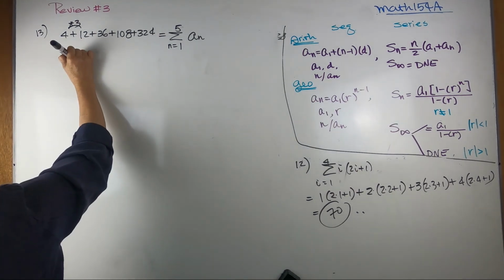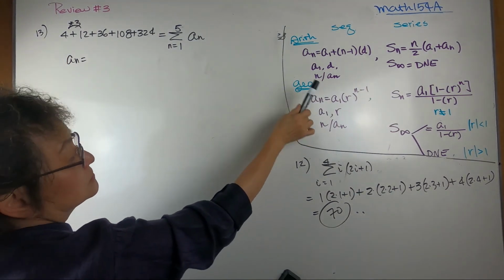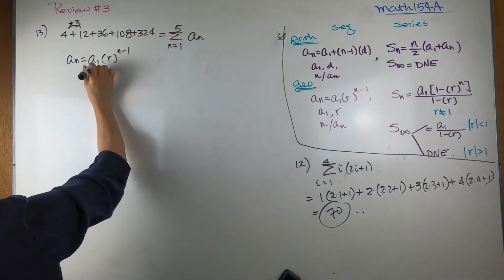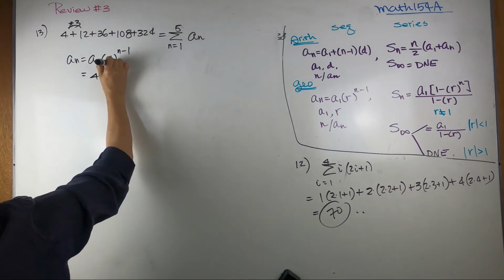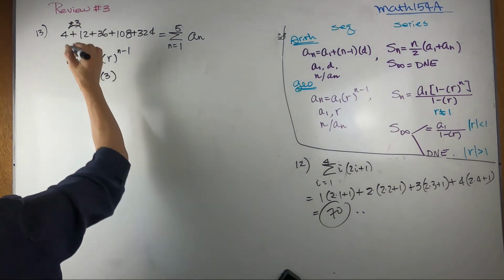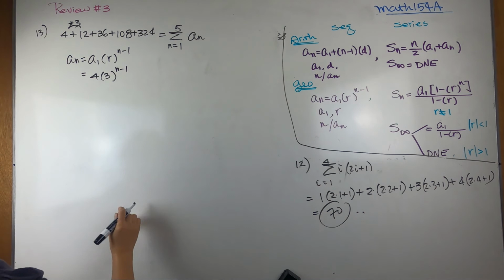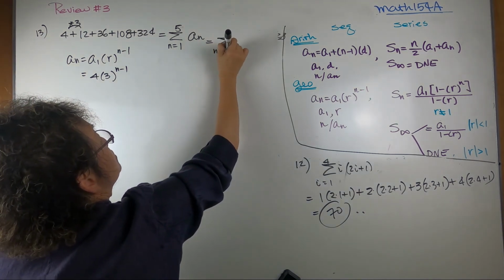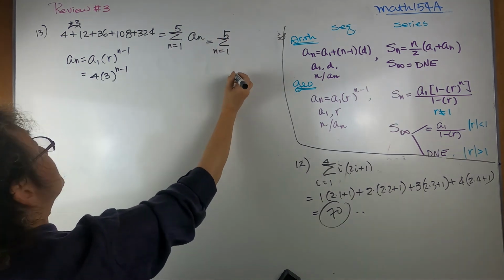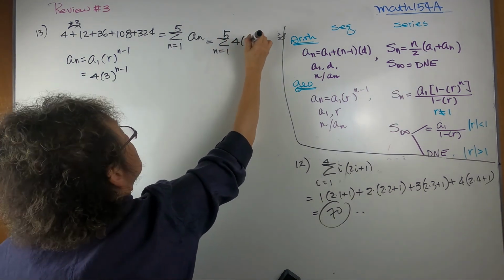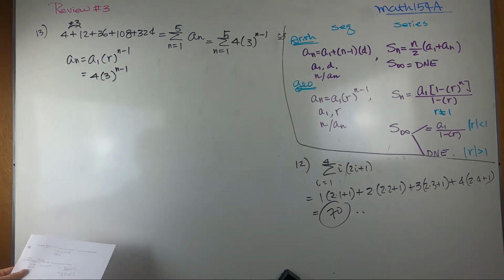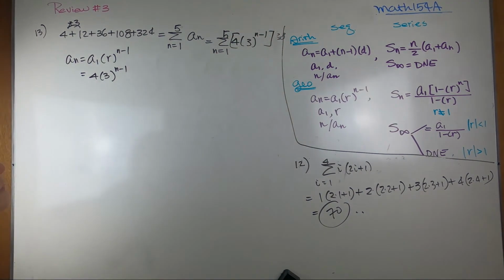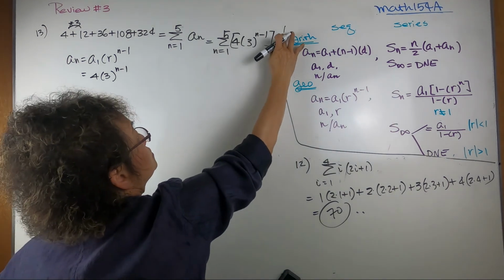Then what is your an? An is a1 r to the n minus 1. A1 is 4. R is 3, right? That's your r to the n minus 1. So all you need to do is just write n equals 1 to 5, then put 4 times 3 to the n minus 1 for your general term. That's all you need to do.